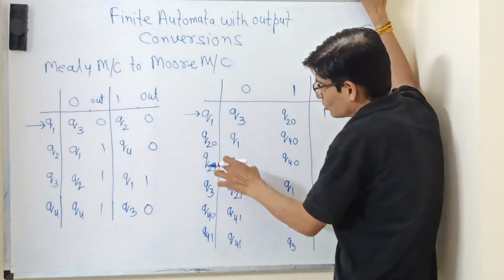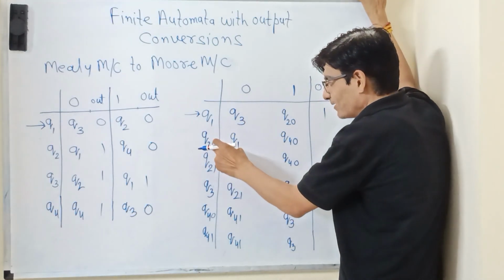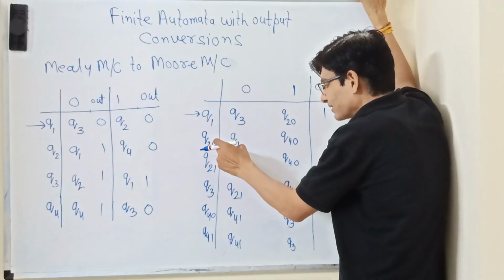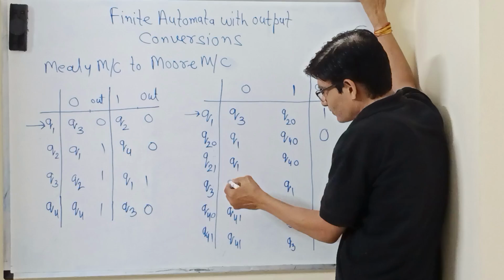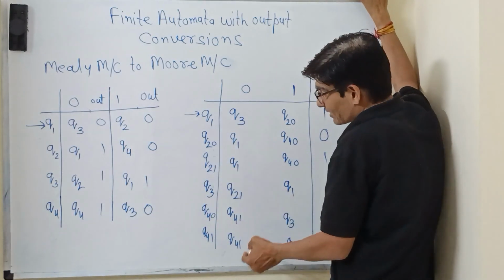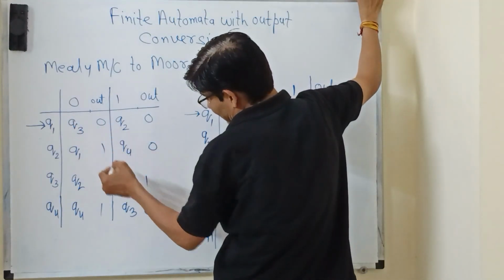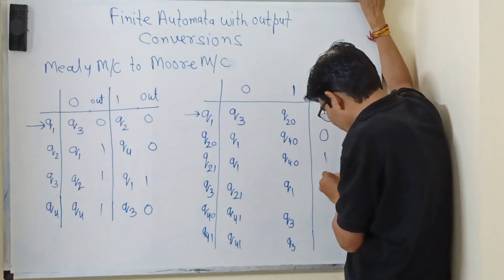Now for q2 0 and q2 1, we have already specified which output each is associated with. So q2 0 is associated with 0, q2 1 is associated with 1, and q3 is associated each time with 0 only, so q3 will be associated with 0.